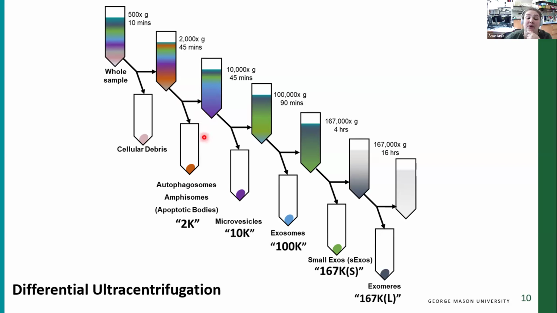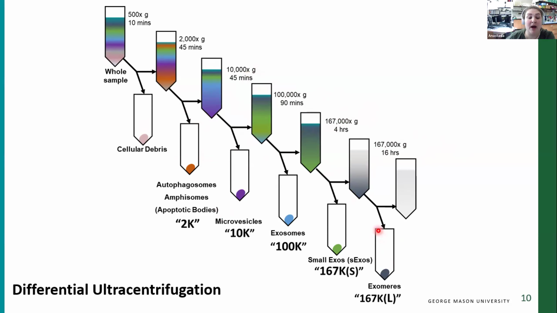The supernatant from those 2K was continued to spin down at a higher speed of 10K. Similarly, that supernatant was spun at 100K, the following at 167, and the last one at an additional 167, but for a longer time, or 16 hours. Each of these populations has different subpopulations within them that make up the majority of the pellet.